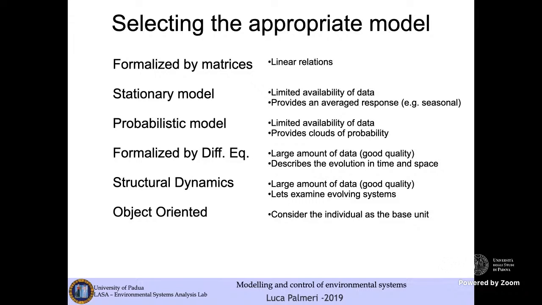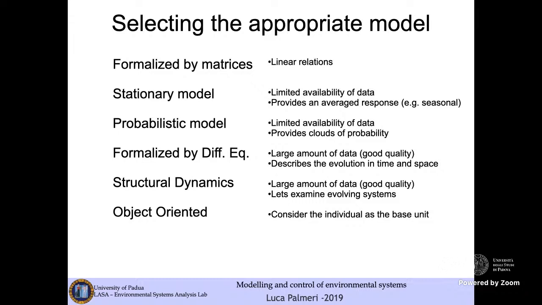You may include probabilistic modeling when you have limited availability of data, and in particular, if your knowledge is limited to clouds of probabilities instead of exact values. The opposite is that of including differential equations, if you can formalize all the interactions by differential equations.